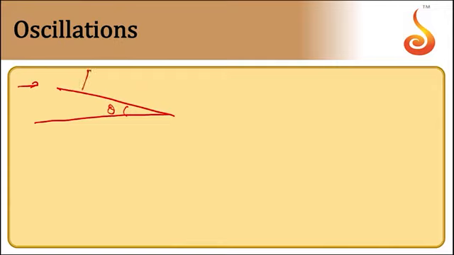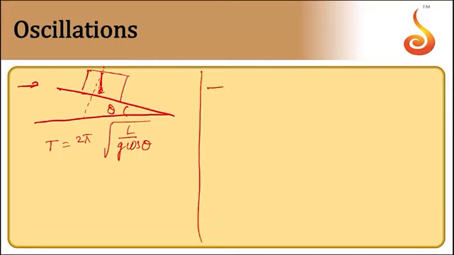So this is moving down, and as you can notice, this is the equilibrium position, and with respect to this line, there is an angle subtended. The time period of such a pendulum is given by 2 pi root of L divided by g cos theta. So 2 pi root L by g cos theta. Remember this one. So the time period of a pendulum is given by this equation.